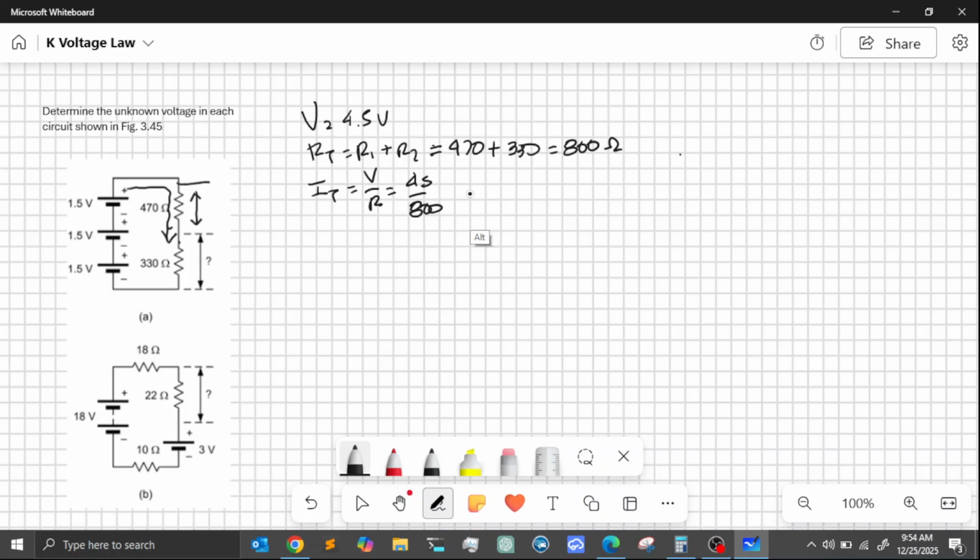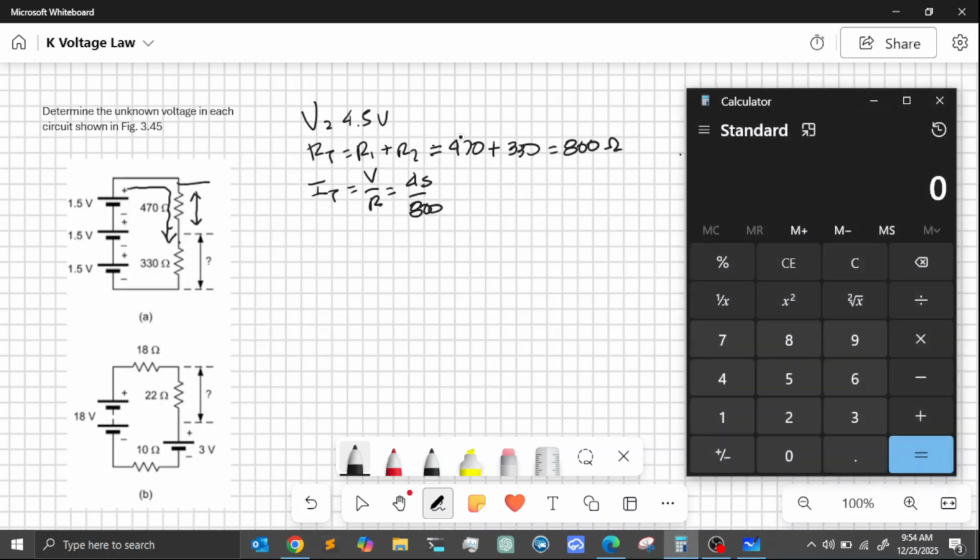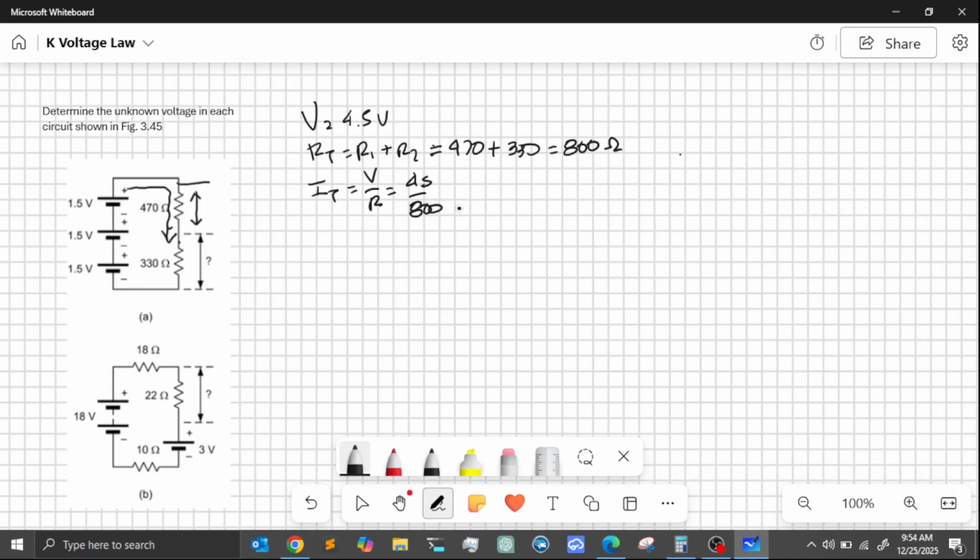And how much is that? 4.5 over 800, and that is equal to 0.0056 amps or 5.6 milliamps. So now I'm going to calculate the drop of voltage across this resistor.